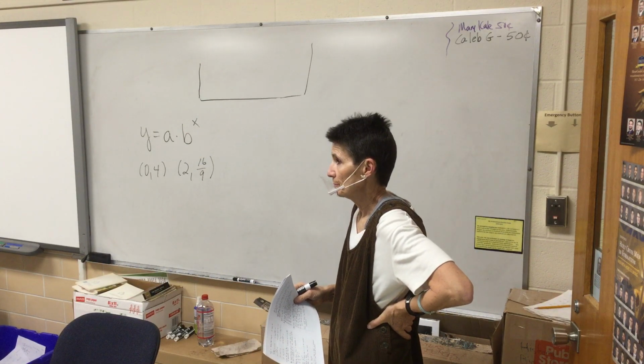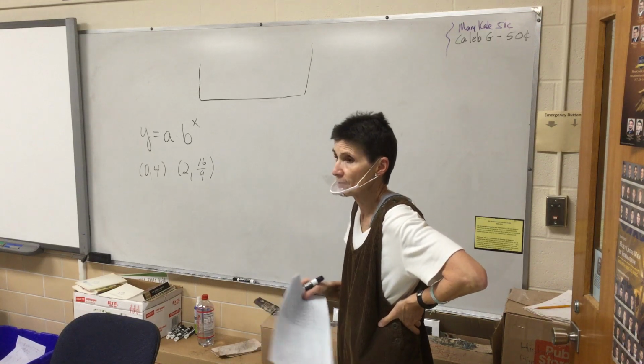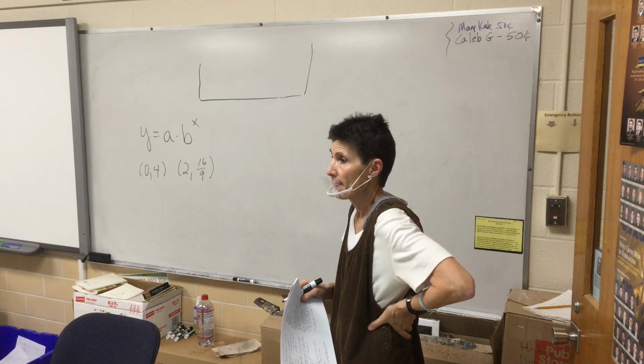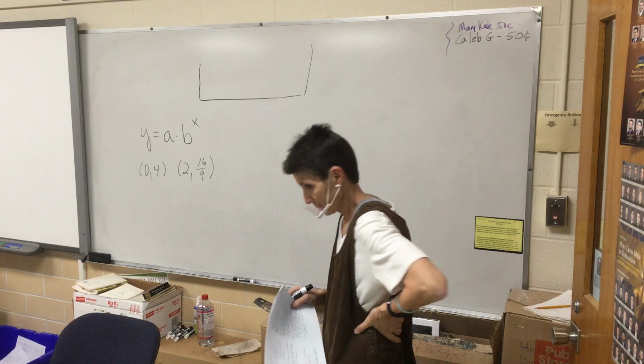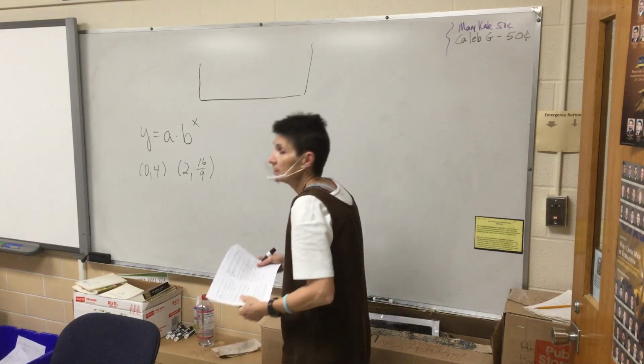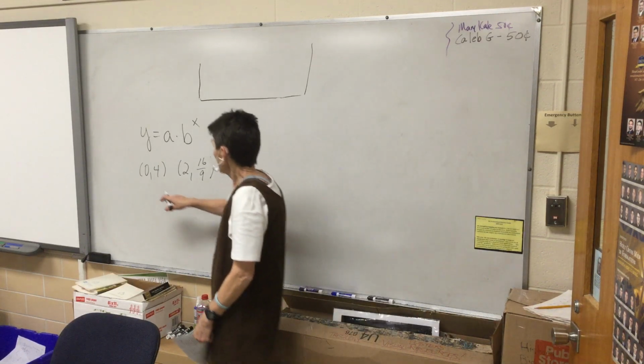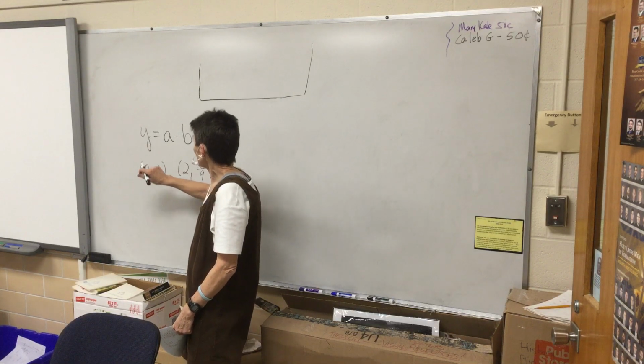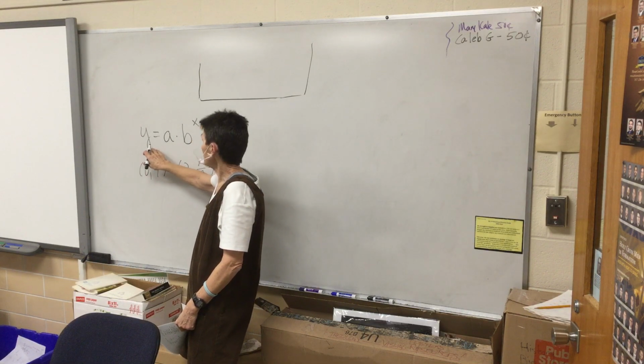Who remembers? This is like the very first section of the chapter. So you have to plug in 0 and 4 in order to figure out that A equals 4, and then you go off from there. Okay, so he's right.